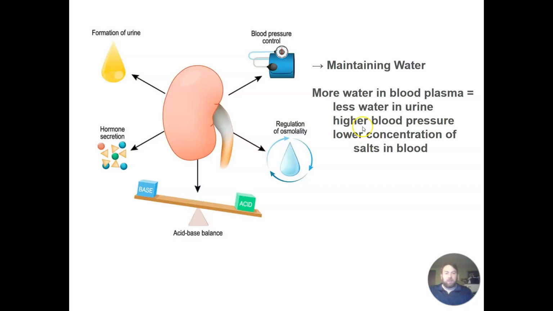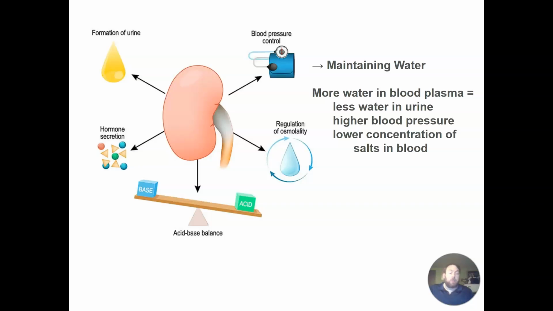And because there is less water in the urine and more in the bloodstream, that would be leading to a lower concentration of salts in the blood, kind of like making a jug of Kool-Aid. If you have a bunch of water in that jug, but not a lot of the Kool-Aid itself, it is seen as a less potent, more weak solution of Kool-Aid.